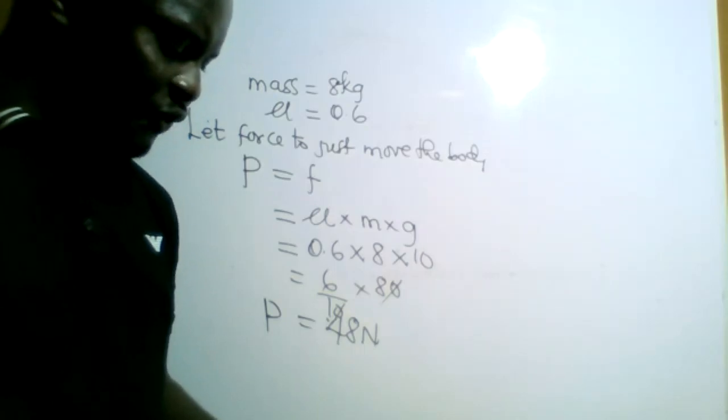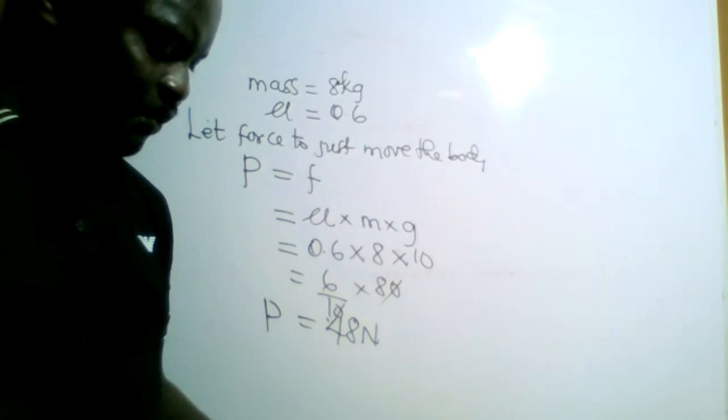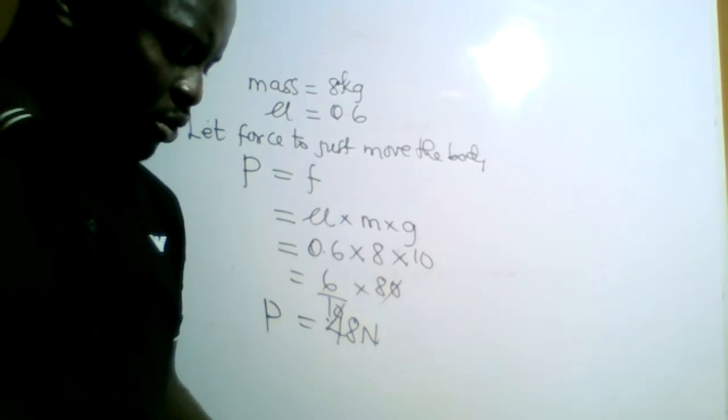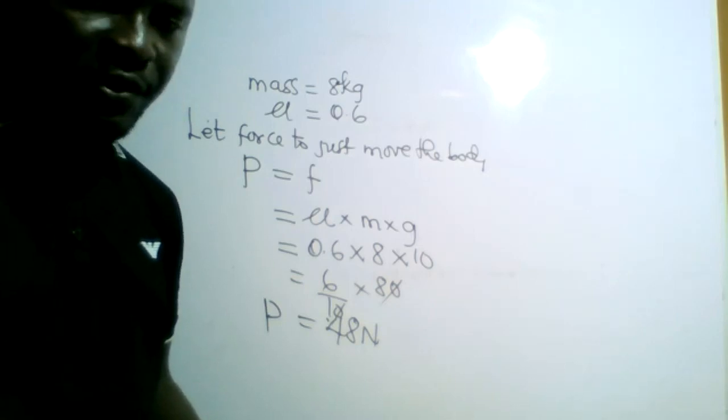If the coefficient of friction is 0.5, find the acceleration with which the particle moves.